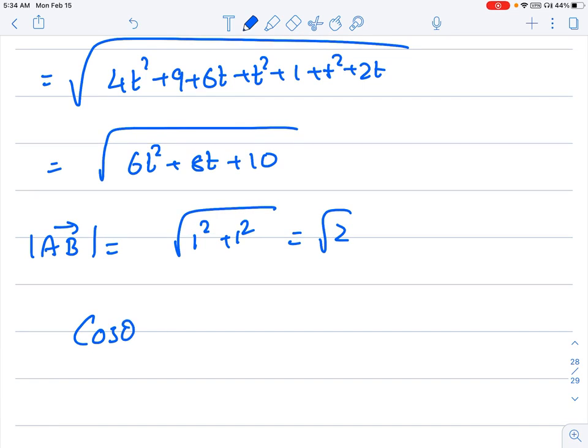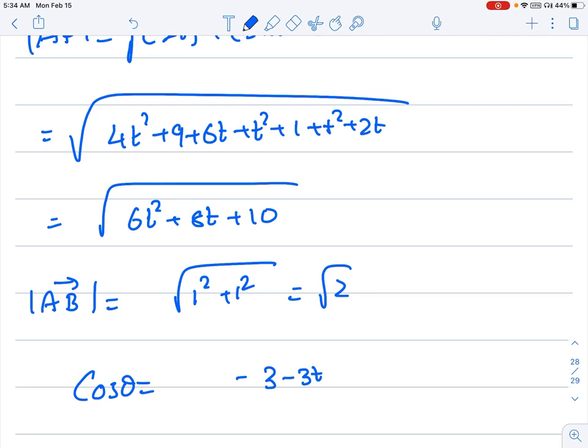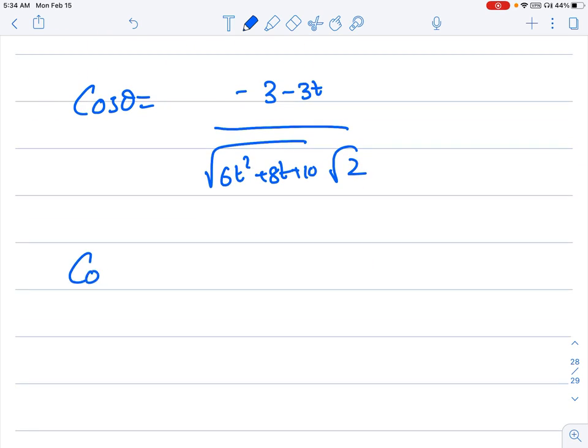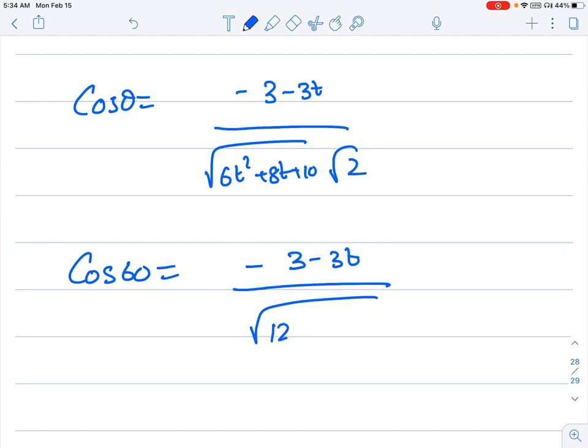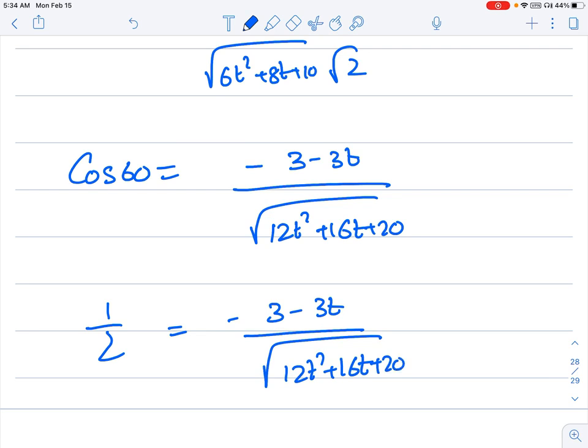Now I use cos theta is equal to AP dot AB, whose value is minus 3 minus 3t, over square root of 6t square plus 8t plus 10 times square root 2. But the angle was 60, cos 60 is equal to minus 3 minus 3t by square root of 12t square plus 16t plus 20. So 1 upon 2 is equal to minus 3 minus 3t by square root of 12t square plus 16t plus 20.